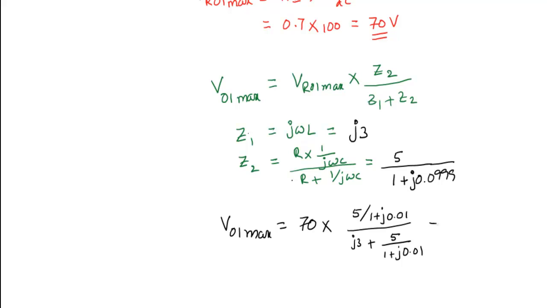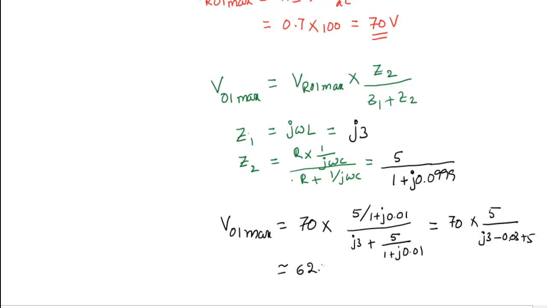So that will be equal to 70 into, because we can take the LCM and this one gets cancelled, 5 divided by J3, minus J multiplied by J minus 1, so that gives almost 0.03 plus 5. So that gives approximately 62.77 volts. This is the answer.